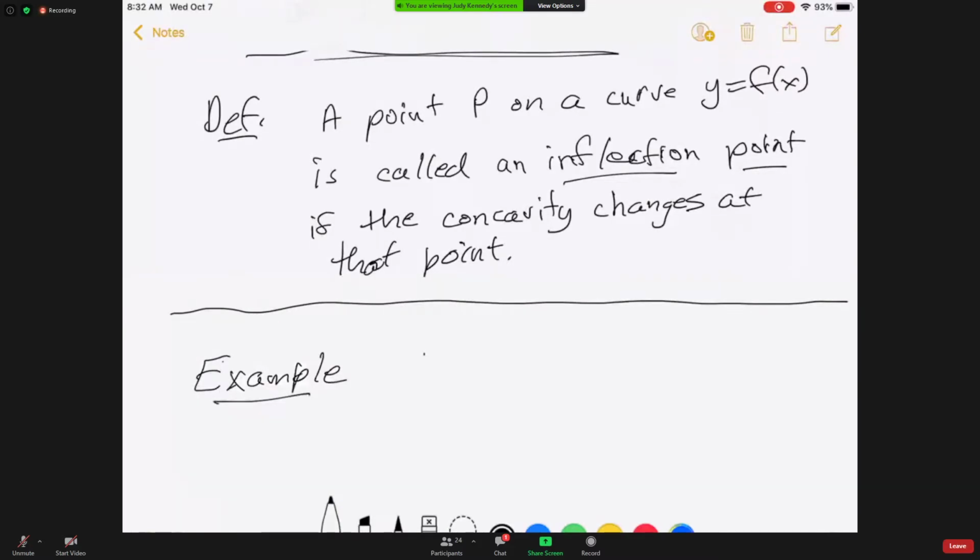So we're going to consider f of x equal to x to the fourth minus 4x cubed. And let's find local minima and maxima.